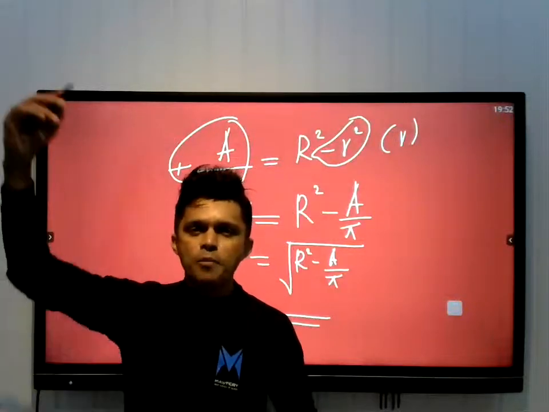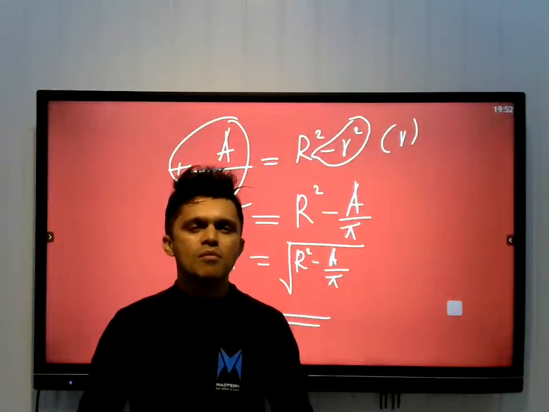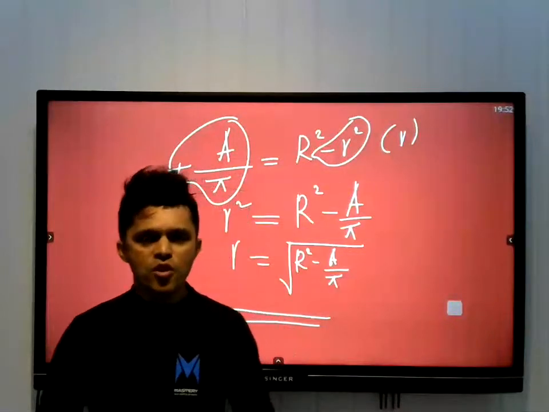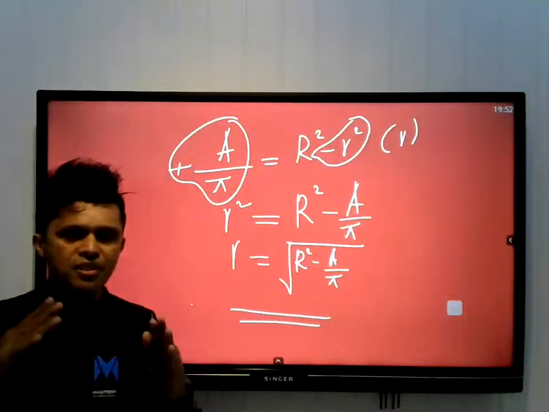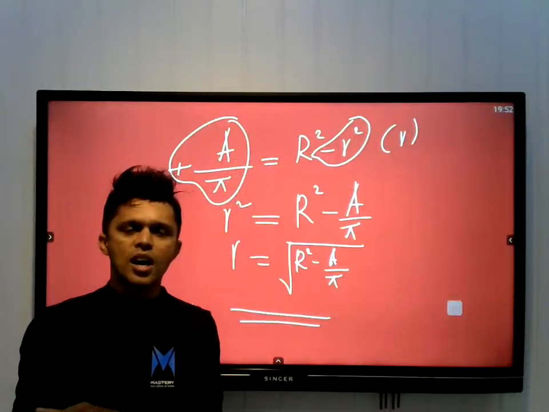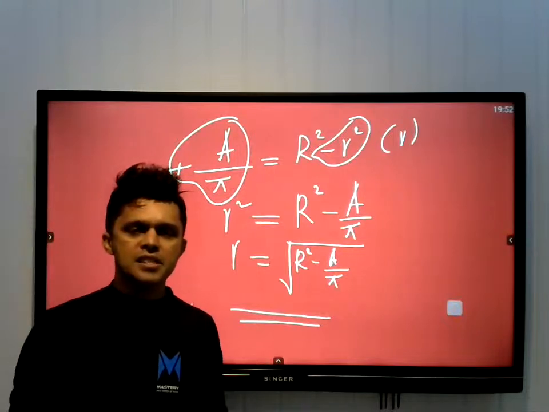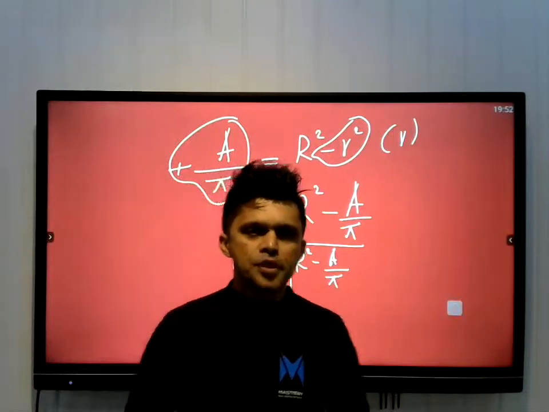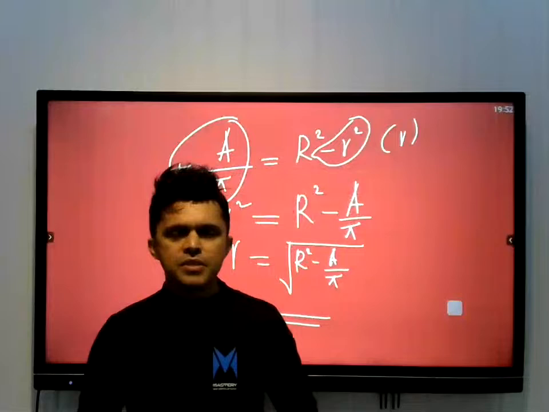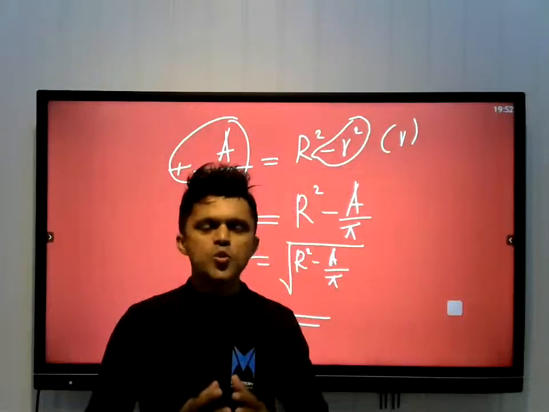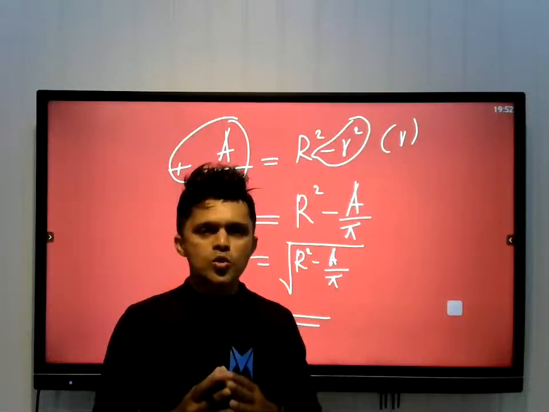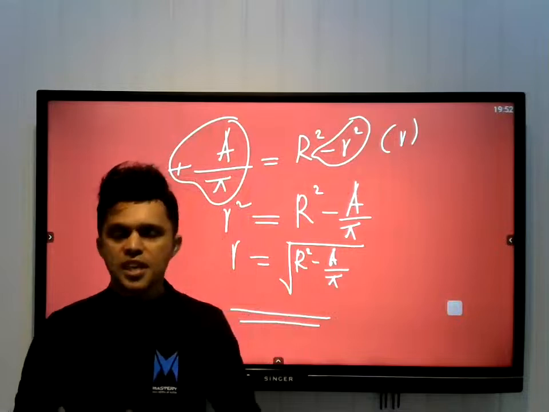Okay, so I have been discussing different types of formulas, right? The ways of writing the formulas, I have been discussing today. So what you have to do right now is do the sums that are in your textbook.